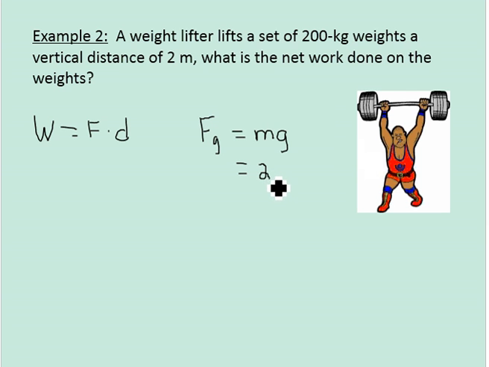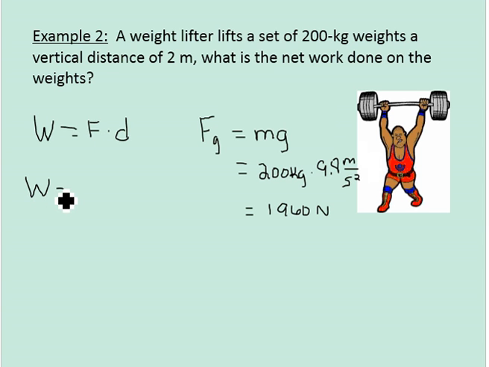So that equals our 200 kilograms, because remember, this is a mass, multiplied by our acceleration due to gravity of 9.8 meters per second squared. And we would say the weight of that barbell set is 1,960 newtons. That's the force that we're exerting in this case when we're lifting.